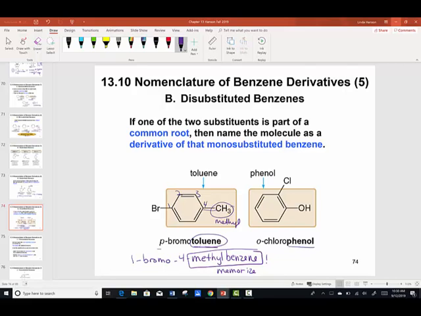Here I have a benzene ring with the hydroxyl group and a chlorine group. So here is the chloro, and here we would label this hydroxyl, except we're working to memorize that this, instead of saying hydroxyl benzene, I have to recognize that that's a backbone we have to memorize as phenol. So with phenol, this was the ortho position, and the ortho position is 1, 2.